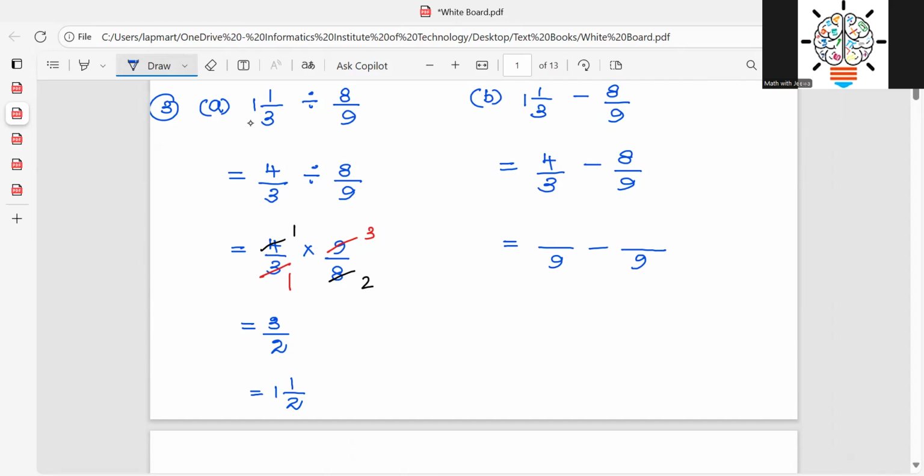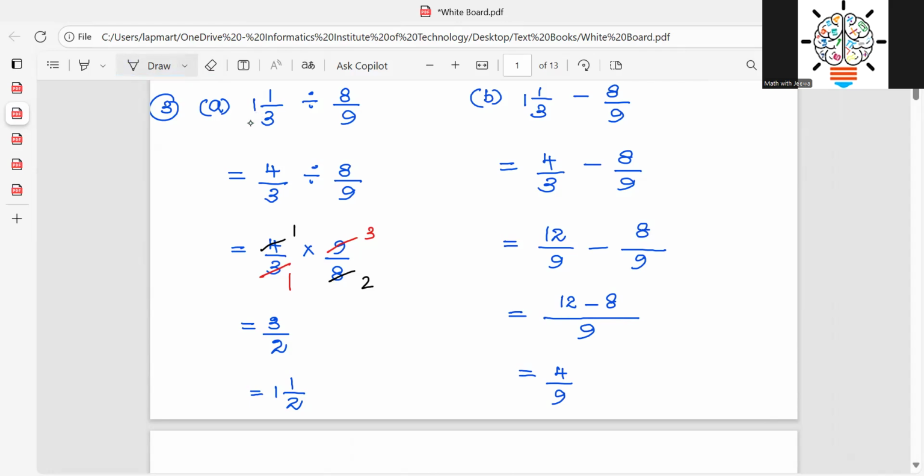Multiplying by 3. Therefore I also multiply 4 by 3. 4 times 3 is 12, and here I can write it as it is. For the final answer, I show this with the longer line at 9. Then I have 12 minus 8, so that is 4 over 9. Okay, so A and B we have done.